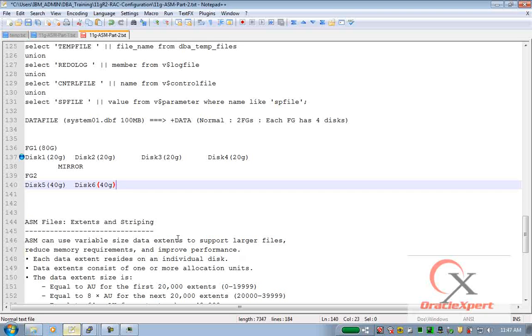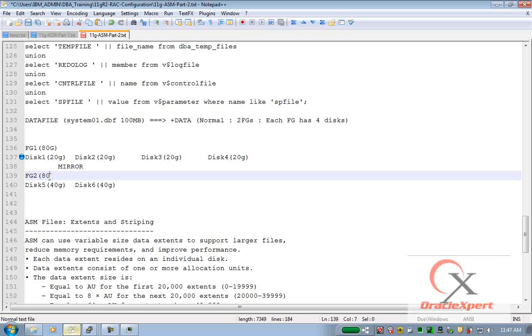So in this case, when I stored my file system01.dbf of 100 MB, the entire file was chopped into pieces of 1 MB mostly.